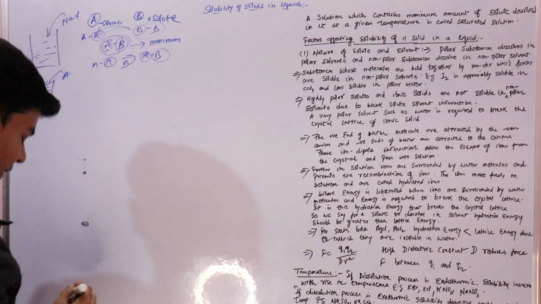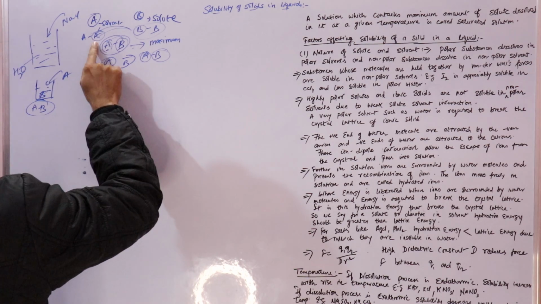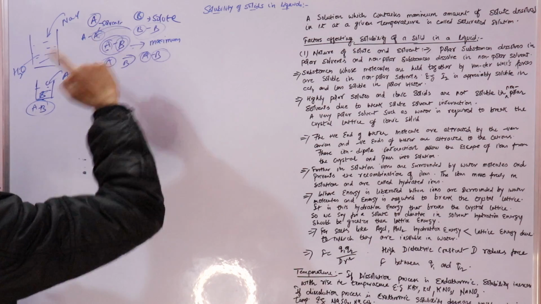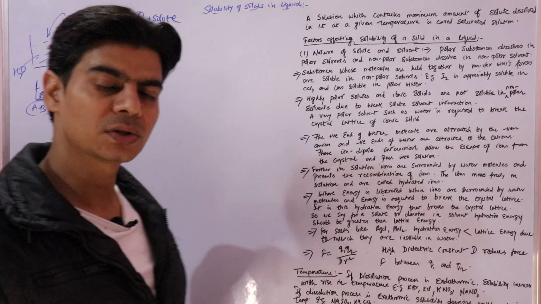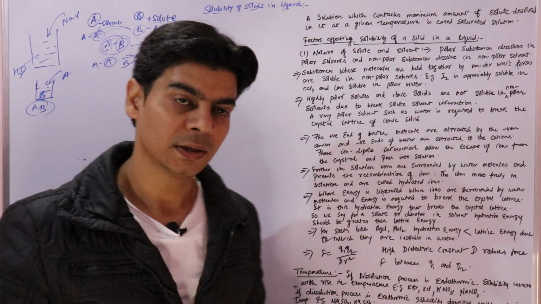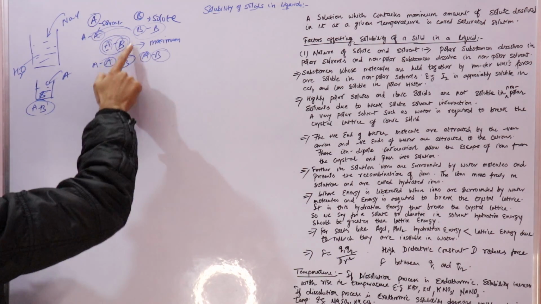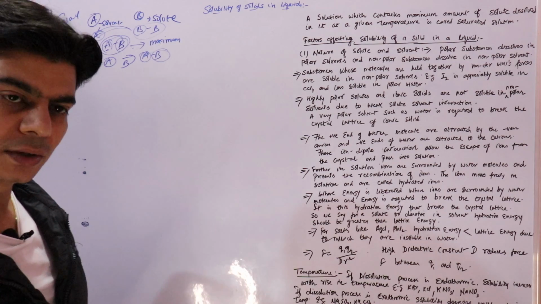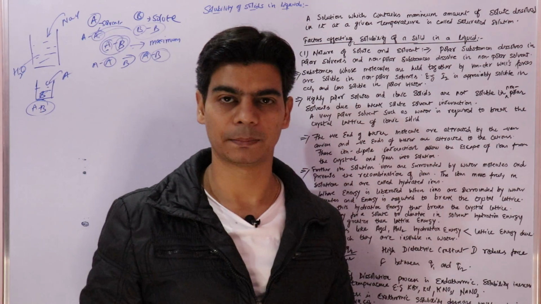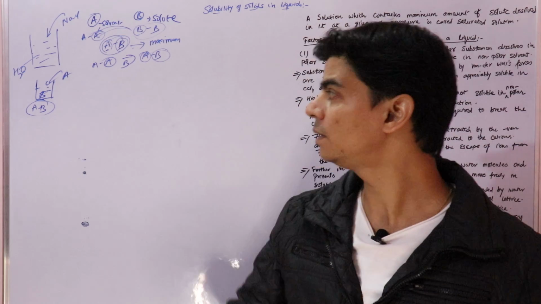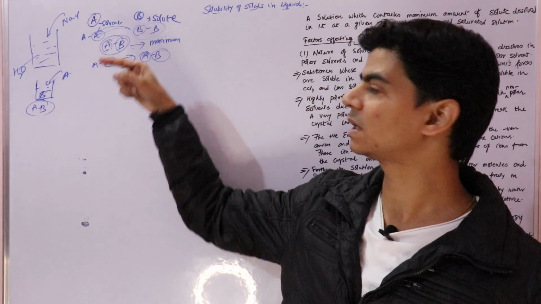So here, when the interaction between AA and BB is almost similar, then only this B would be able to replace A to form AB. And then only these two solutions will mix up, or we say the solute will dissolve in the solvent when AB interactions are maximum.